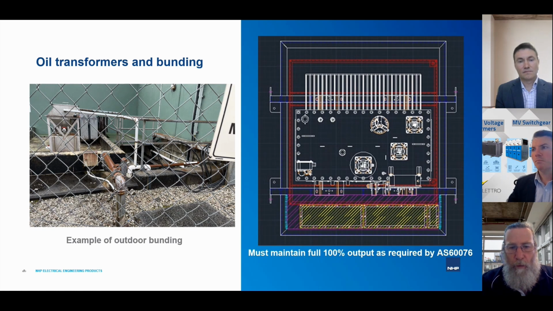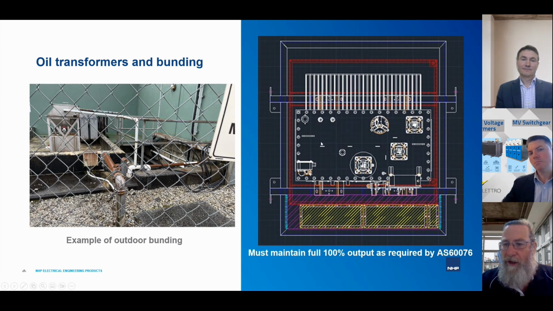And so we are supplying an oil-filled, well, in actual fact, an ester-filled transformer inside an enclosure with an oil bunding. So the red line that you can see there is the oil bunding with the transformer sitting inside it.